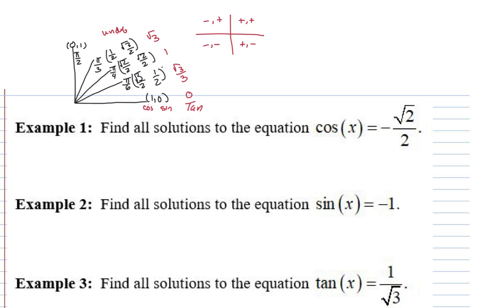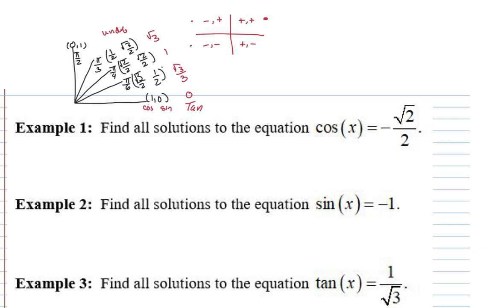So we know cosine of negative square root of 2 over 2. We know it's positive in the first quadrant, but that's going to be negative in the second quadrant and in the third quadrant. So that means we would have it so we have pi over 4 is the only place.